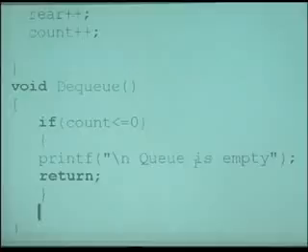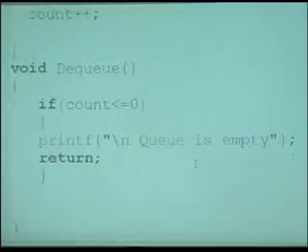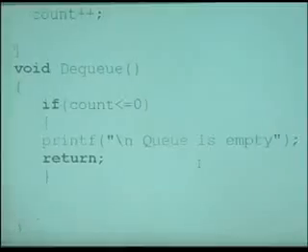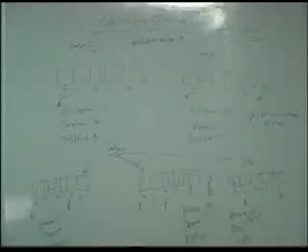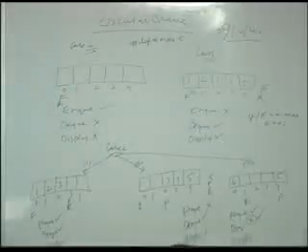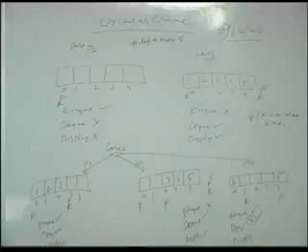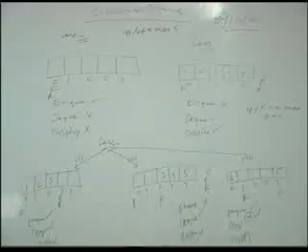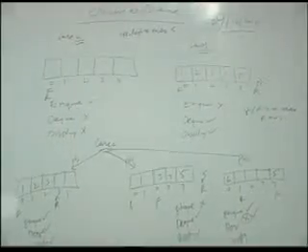Okay. Now let's see the different cases. Is DQ allowed in case A? No, we have just detected that if count is less than or equal to 0, then Q is empty. Now let's go to case B. In case B, of course we need not check whether the Q is full or not, because DQ is allowed when the Q is full.